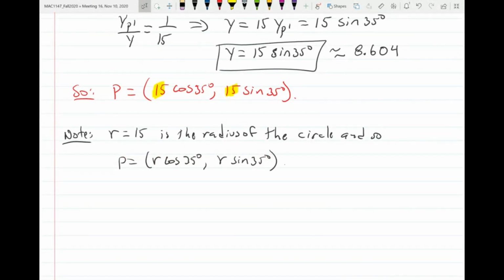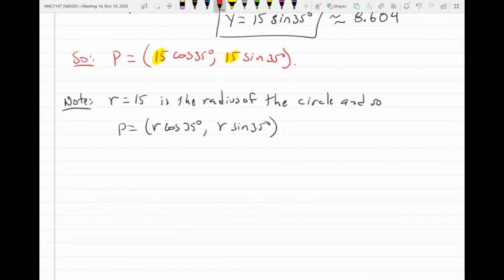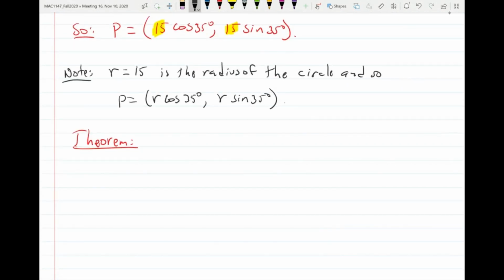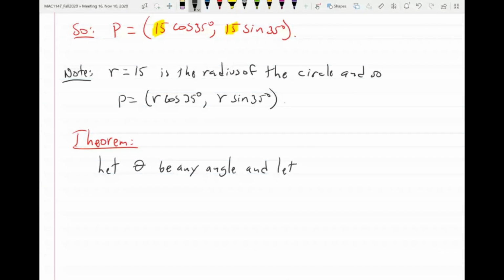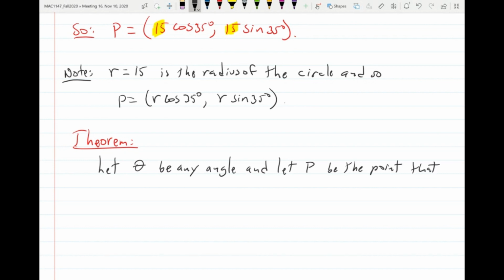Questions on this? That's a theorem, okay? So let theta be any angle, and let P be the point that theta defines on a circle.